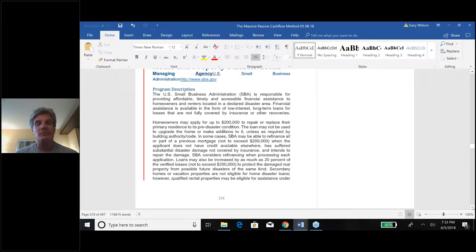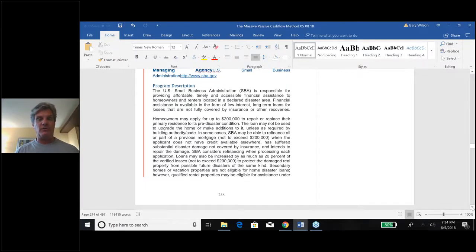The SBA allows you to apply for up to $200,000 to replace or repair your primary residence back to its pre-disaster condition. This is amazing that they do this. You have to bring your property back to the original condition, if I'm not mistaken. There are certain requirements so that you can see all this. Here's the program description.